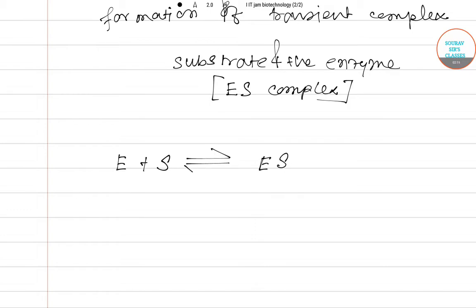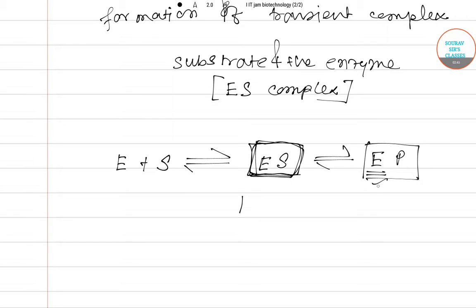From this ES complex, when the full biochemical reaction occurs, then after the reaction there will be the formation of EP, that is enzyme and the product, because we know that after catalyzing a reaction by the biocatalyst, that is the enzyme, the product is forming, but the enzyme is ultimately unchanged after the whole procedure.